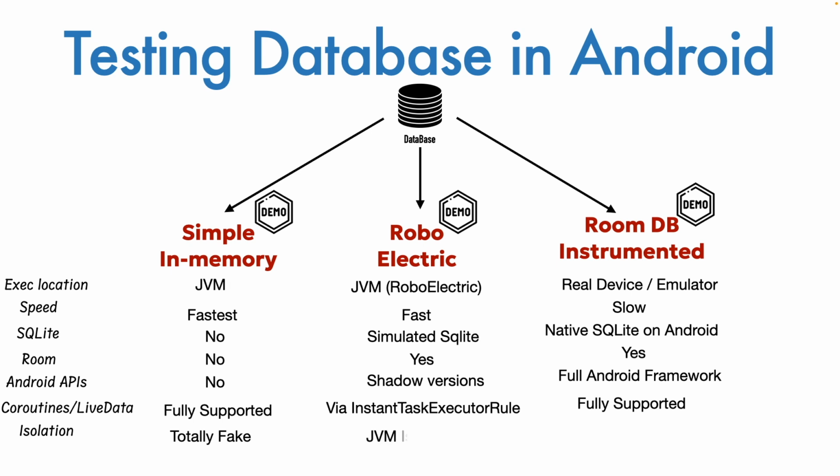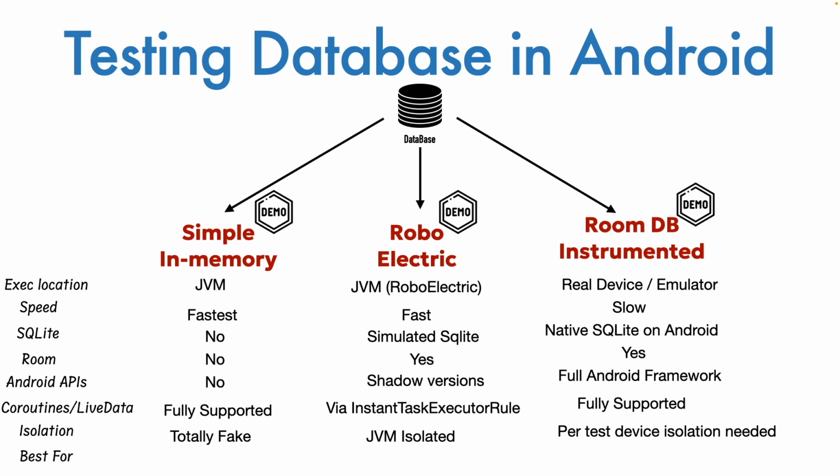But in case of Robolectric, it is JVM isolated but simulated RoomDB. However, in case of RoomDB instrumented, per test device isolation is needed. That is, once you run the test, if you want to rerun again, then you have to basically delete the database that is there in that particular device when it got set up in the previous run and restart the testing again from scratch. Otherwise, there is very much a possibility that there will be cross contamination.